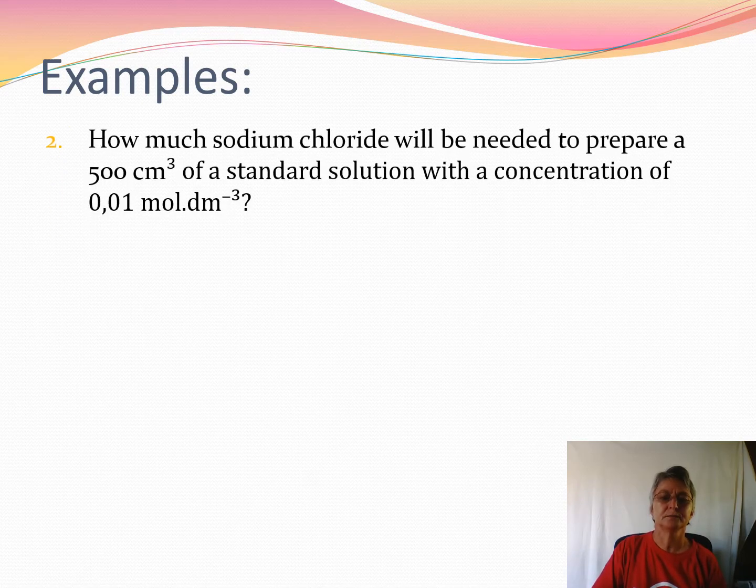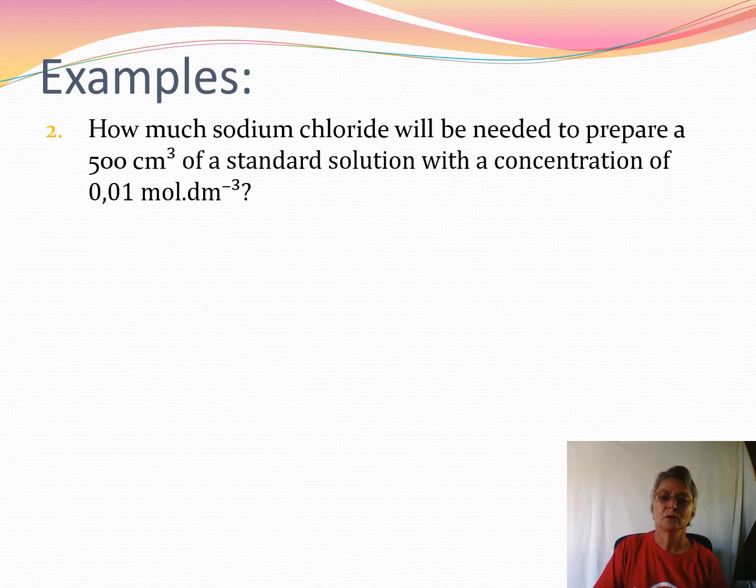Next example, how much sodium chloride will be needed to prepare 500 cubic centimeters of a standard solution with a concentration of 0.01 mole per cubic decimeter. So we know the concentration, we don't know the moles, we know the volume.